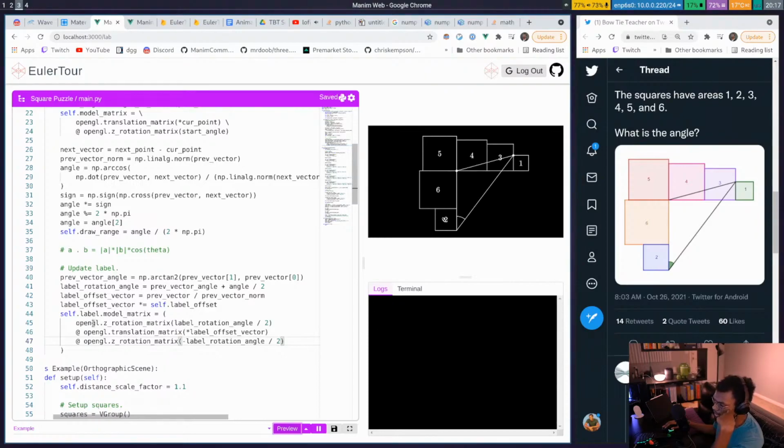I think that's not what I want. Pre-vector from here, the next vector. I think I want to deal with this rotation first. And so that should just be the pre-vector angle.